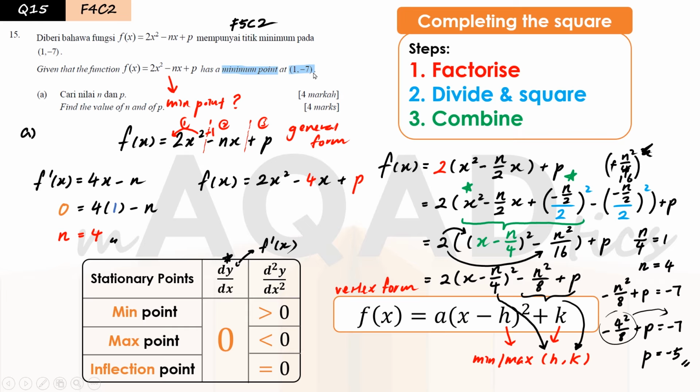Now I substitute the coordinates of the minimum point, which is 1 inside x, and negative 7 inside f of x, which is also y. Okay, so once I substitute everything, the value of p here would be negative 5, which is again the same answer that we got in the first method as well. Okay, which is here.